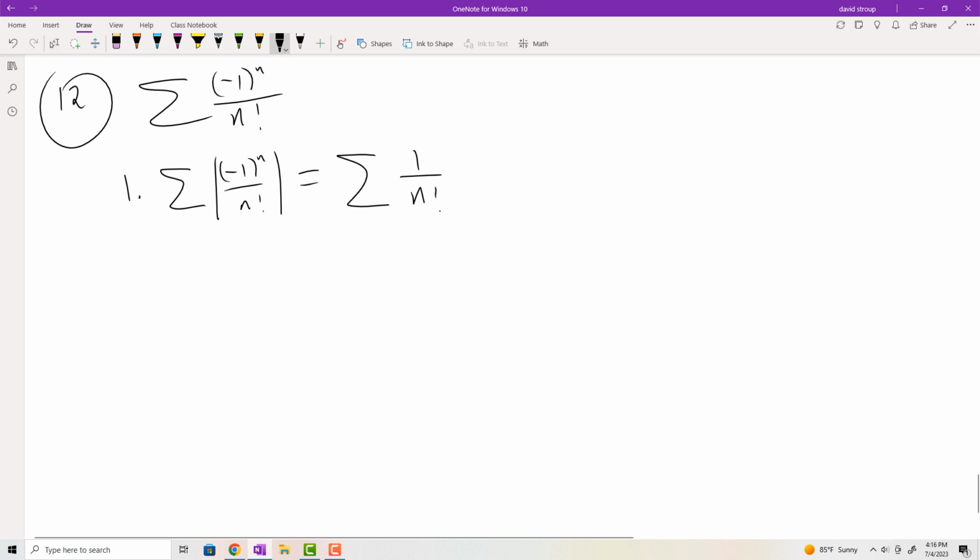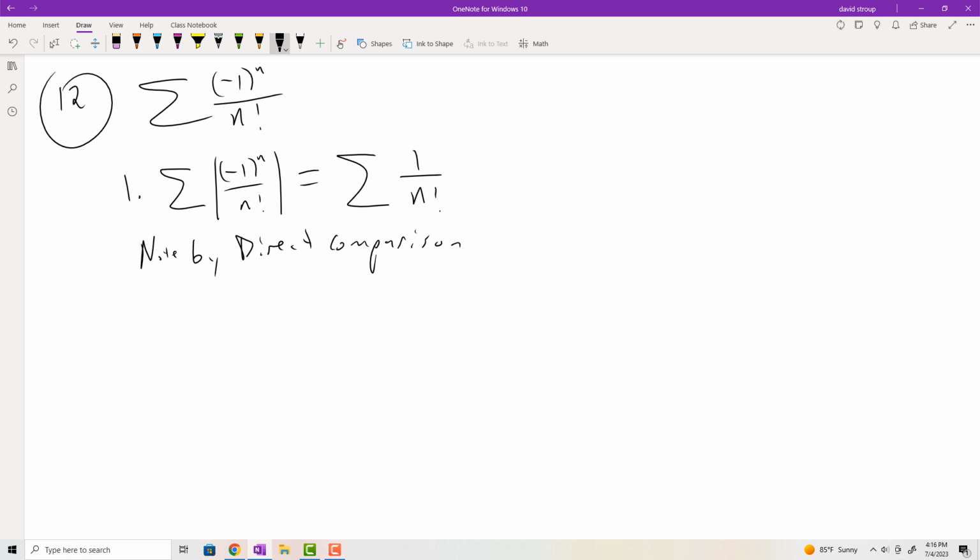We do a direct comparison, right? So note by direct comparison, first off, 1 over n factorial is less than 1 over 2 to the n. The series of 1 over 2 to the n is geometric.